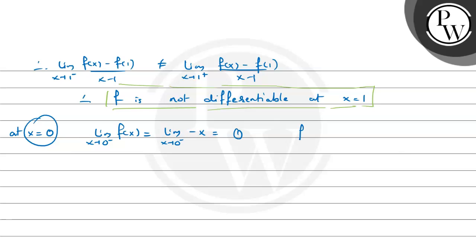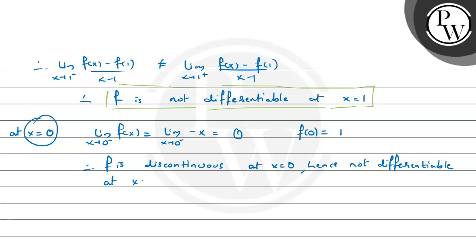Now let's check f of 0. f of 0 is 1, and therefore f is discontinuous at x equals 0, hence not differentiable at x equals 0.